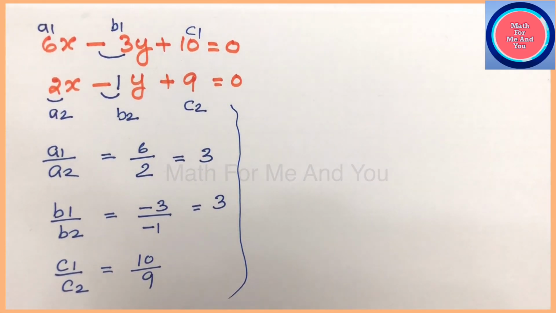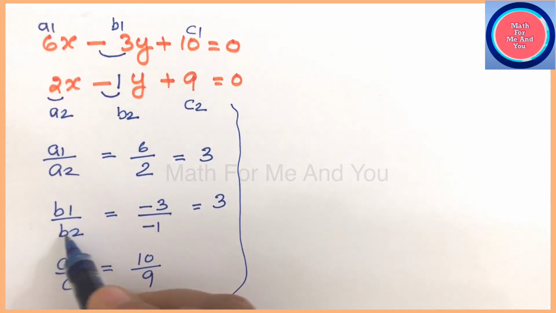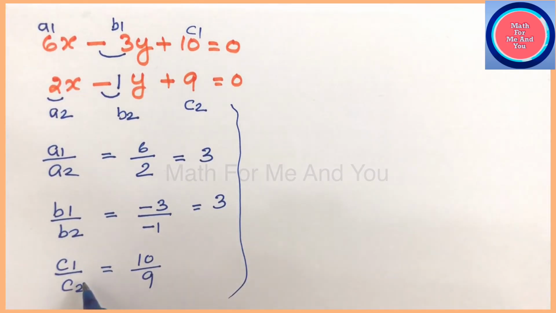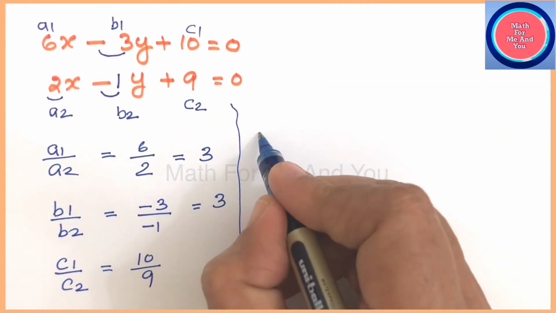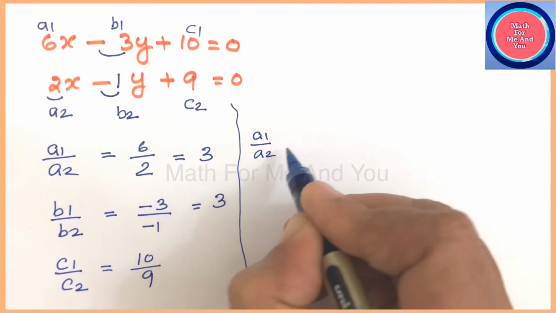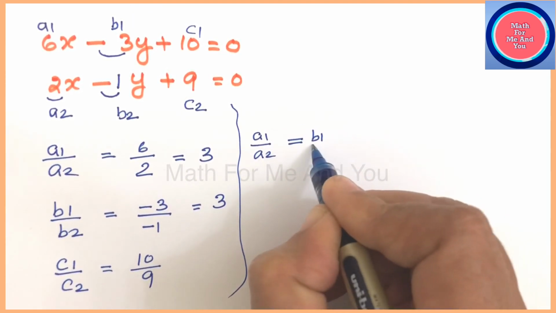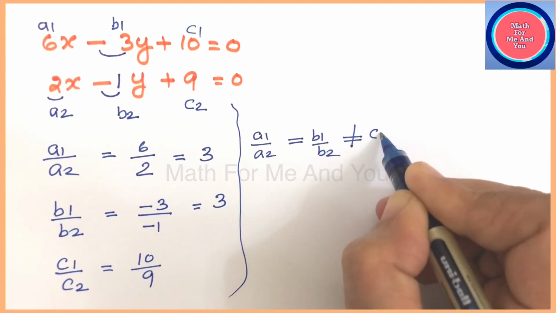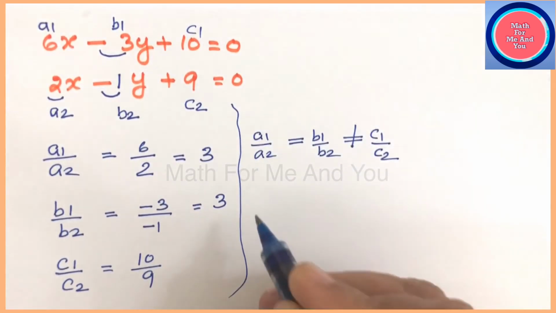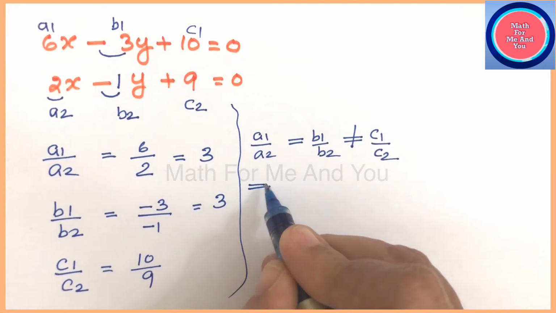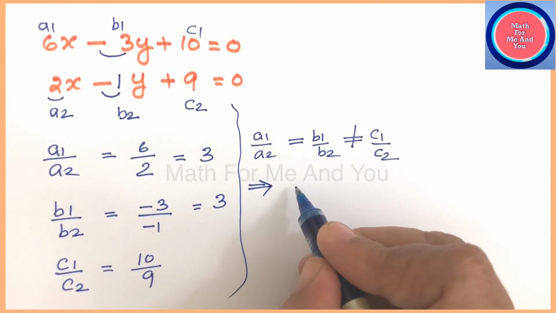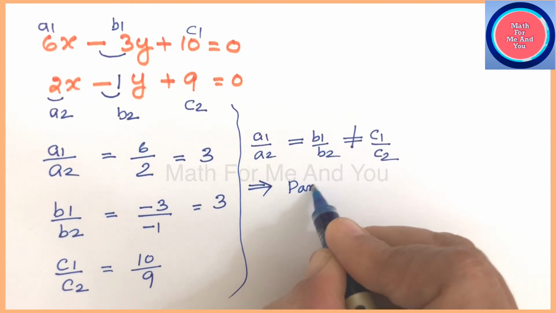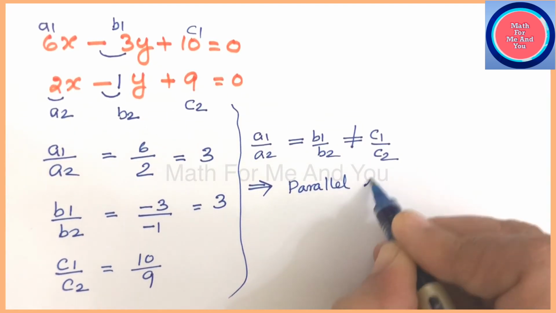When we compare the ratios, we get the result. a1 by a2 and b1 by b2 are equal. But it is not equal to c1 by c2. Then what can we say about the lines? The given two lines, they are parallel lines. What is the meaning of parallel lines?